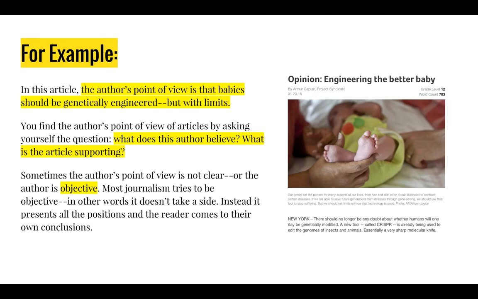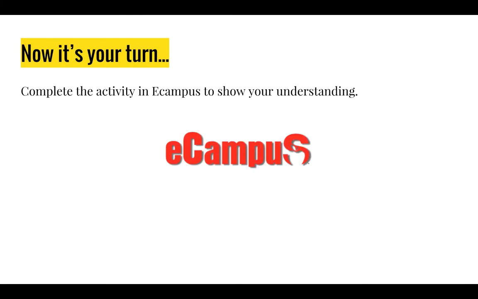That's his opinion and point of view throughout the story. When your teacher asks you to find author's point of view, you're asking yourself, what does the author believe in the story, and what is the article supporting? Those are two really important questions. So this is just an overview of author's point of view. And like I said before, what you're looking for is, what does the author believe about the topic?